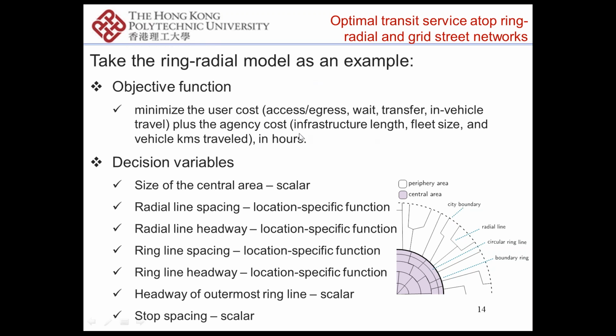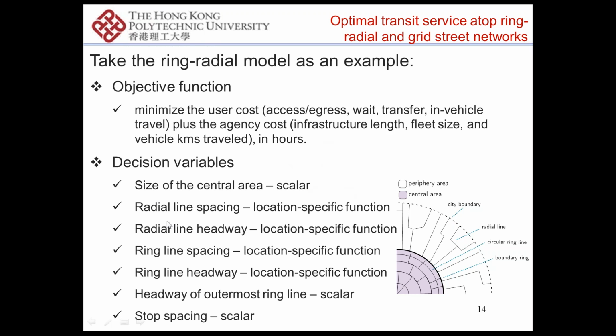The agency cost will be related to the infrastructure length, the fleet size, and the vehicle kilometers traveled. The generalized cost objective function will be expressed in hours because we consider hours a universally acceptable metric. So we can compare different cities with different wealth levels.